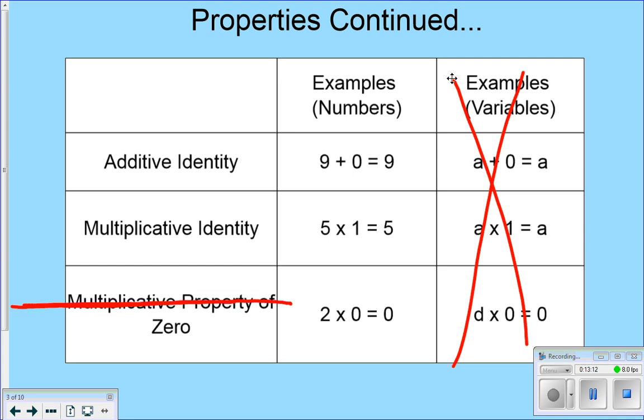And these are actually three of the easiest properties, but a lot of times people get these confused.